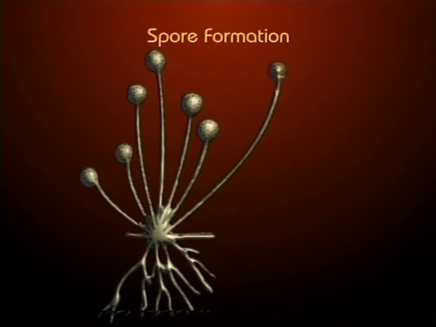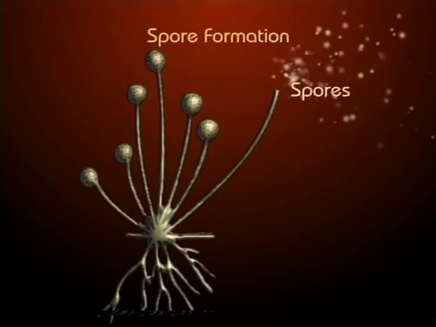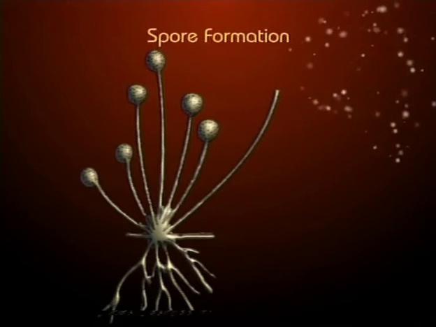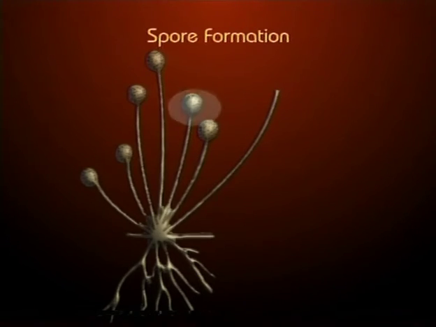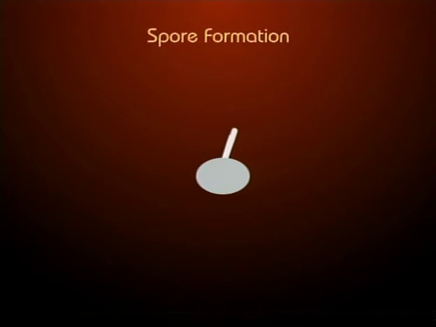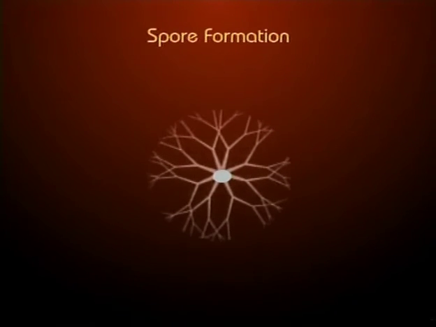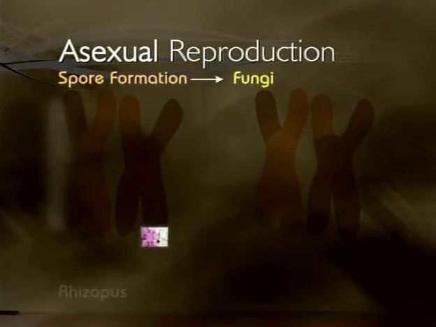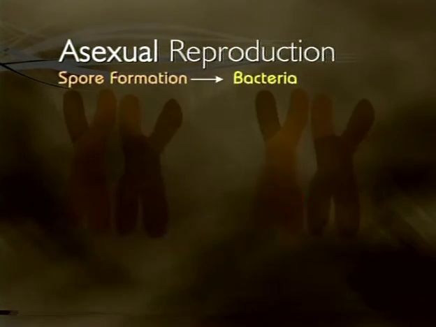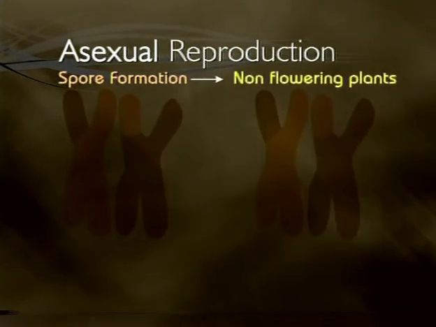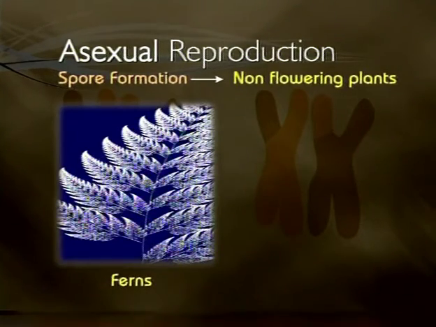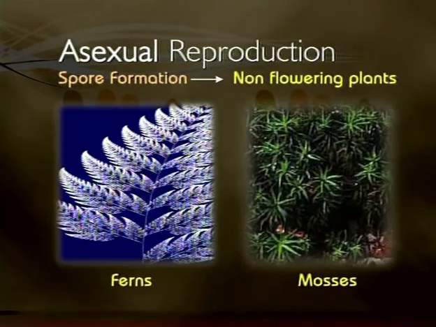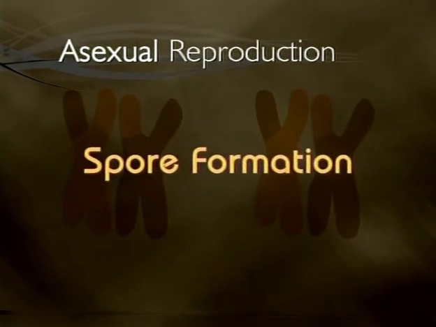When this spore case bursts, it releases several spores into the air. These airborne spores land on the soil or food, and under favorable conditions, germinate and produce new organisms. Most fungi, like Rhizopus and Mucor, all bacteria, and many non-flowering plants, like ferns and mosses, reproduce by the method of spore formation.